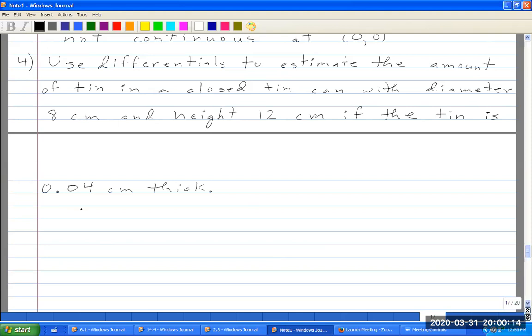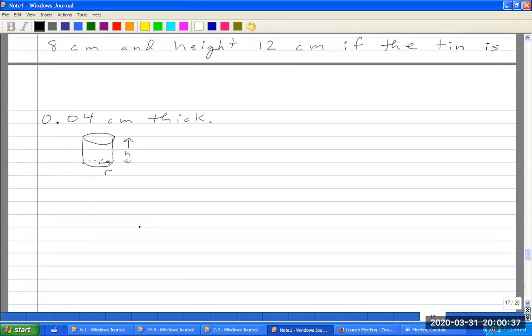So I have some cylindrical can, and I know that the volume is pi r squared h.